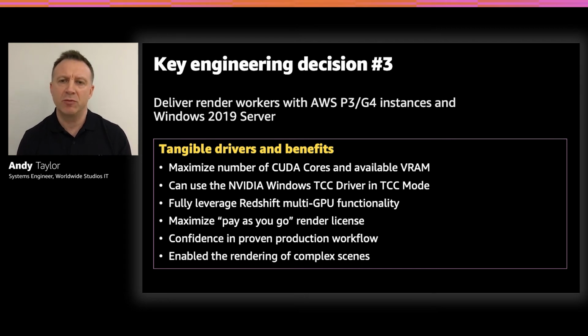And finally, the reassurance of vertical scaling within the P3 and G4 instance families enabled us to provide our artists with the confidence that they could continue pushing the limits of their production skills. It was really critical that they were still able to make really striking artistic decisions, knowing that we were fully empowered to render and deliver those results.